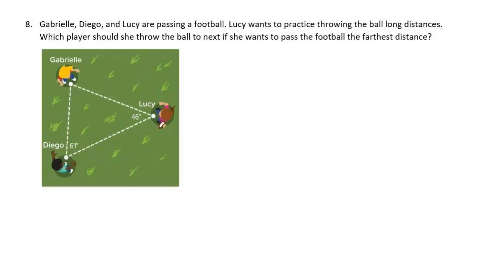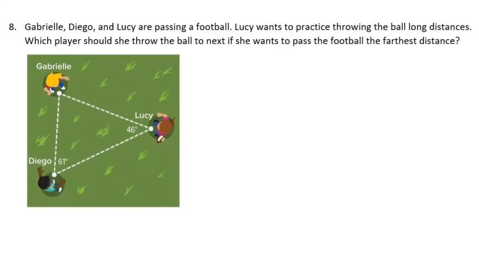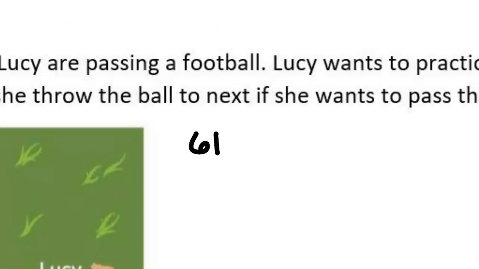What do we need to know before we can answer who Lucy should throw the football to? Yep, we need to find the angle up by Gabrielle. So we're going to take the two angles that we've been given, 61 and 46, and add them together, which would give us 107.